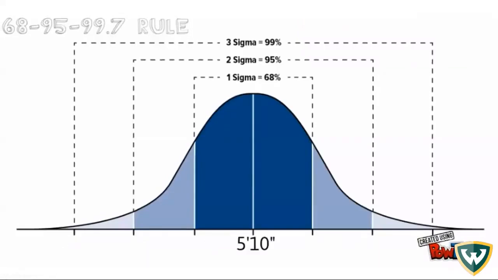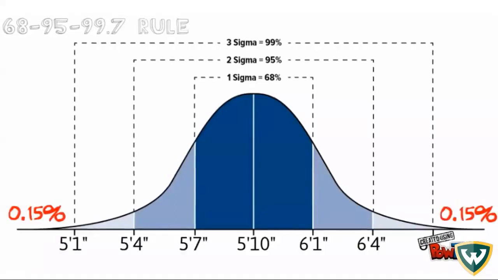So if you take an example, an average male height for Americans is 5 feet 10 inches with a standard deviation of 3 inches. So with this information, I can tell you that 68% of the males will be between 5 feet 7 inches and 6 feet 1 inch in the US.